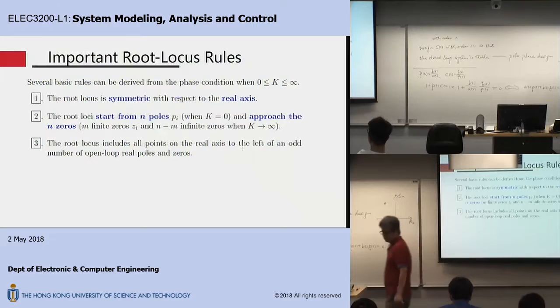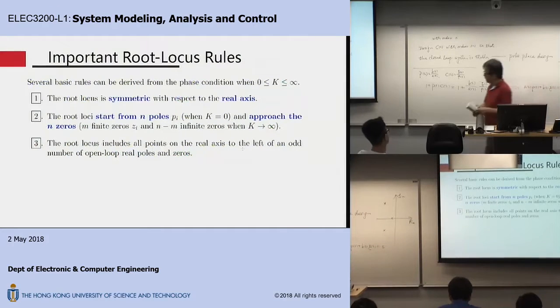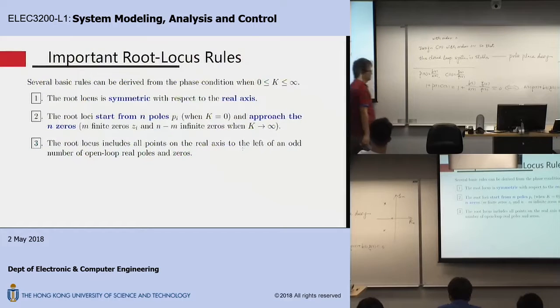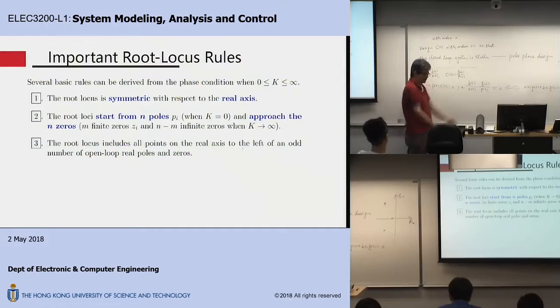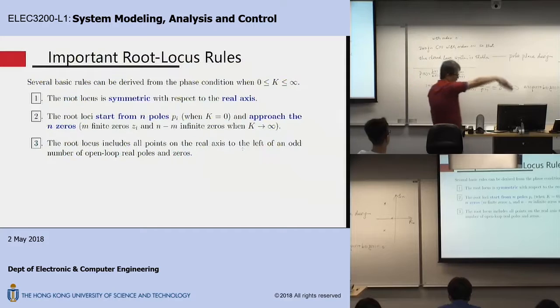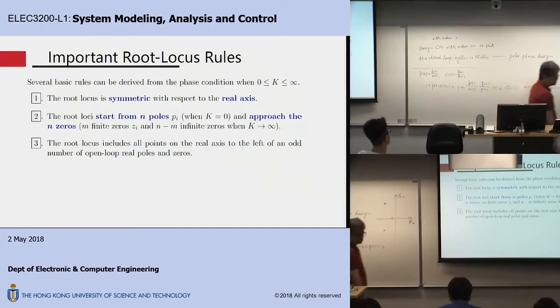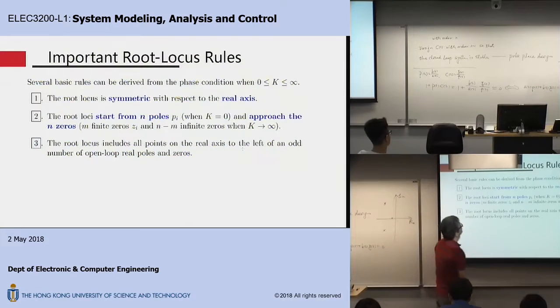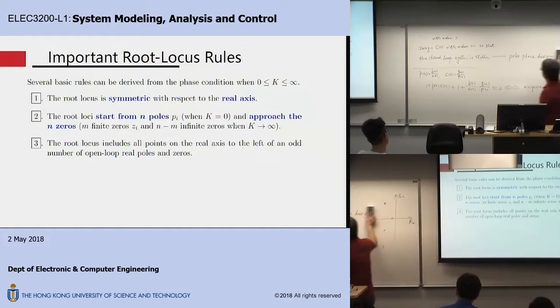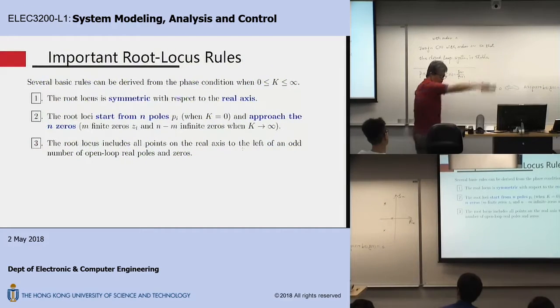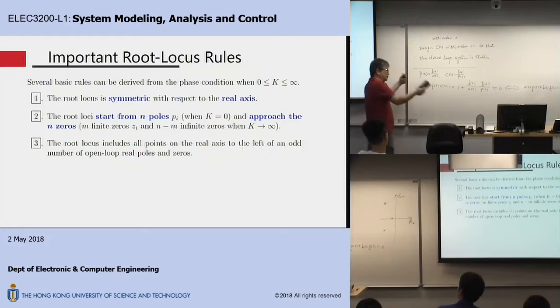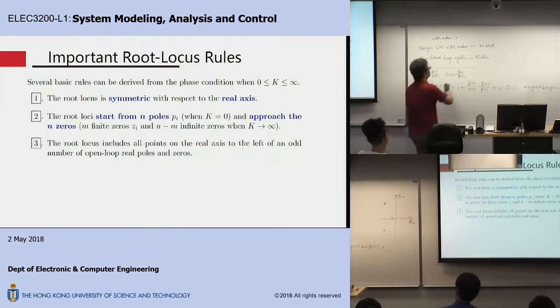Especially if we don't want the exact root locus, we just want a rough idea of the root locus, the tendency of the root locus. You can use these rules to build the root locus. I probably want to have an example here so that we can go through those rules. By looking at a particular example, it's probably easier to understand.